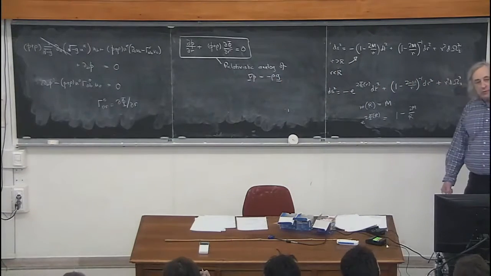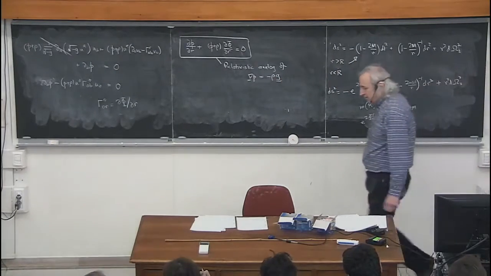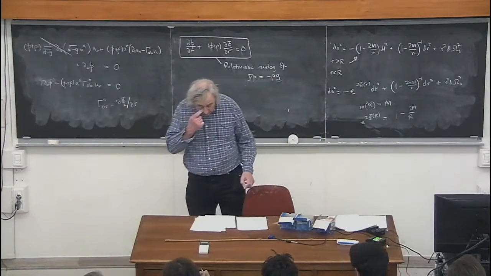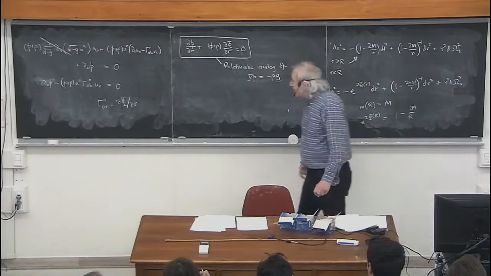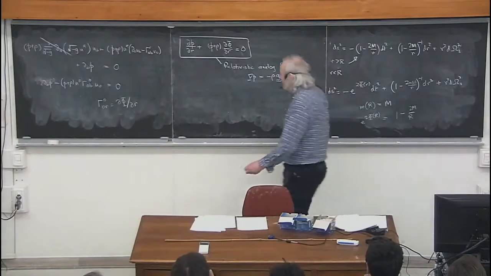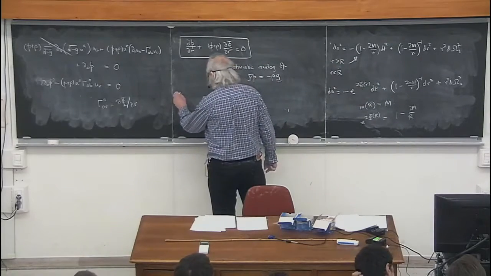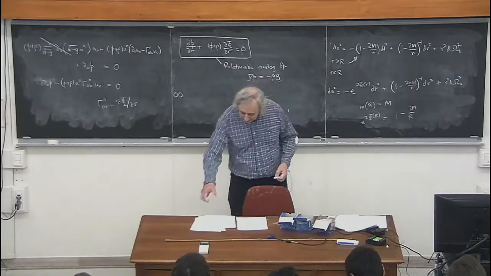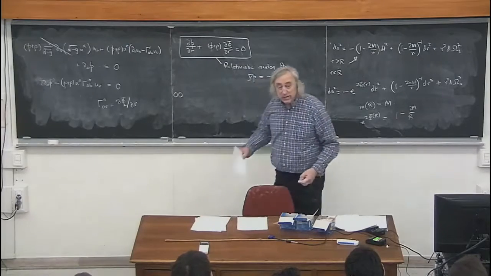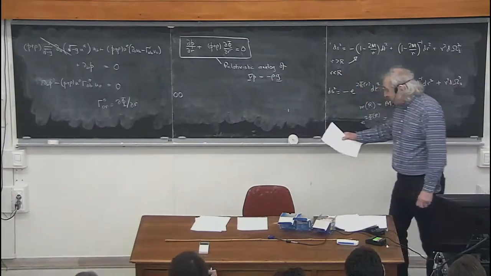The remaining equations are a bit more difficult. You have to get these from the Einstein equations. The 0, 0 component of the Einstein equations is fairly easy. Well, they're both fairly easy to work out, but it's a bore. I mean, it's not something you want to do.